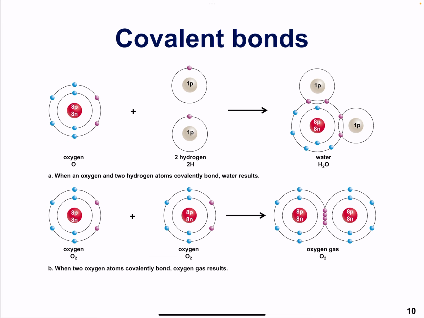The next way to form molecules is going to be by covalent bonds. In covalent bonds, atoms are going to literally share electrons, right? Oxygen, for instance, in its outermost electron shell is going to have 6 electrons: 1, 2, 3, 4, 5, 6.